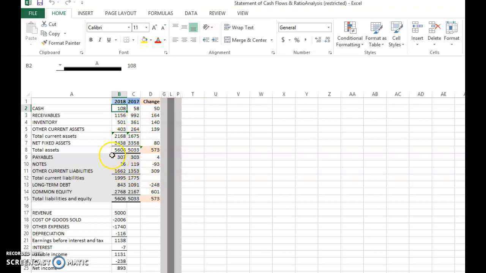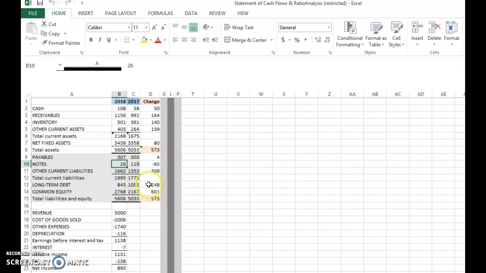If you look at liabilities and equity, payables have increased by a small amount, $4 million, but notes payable had a drop of $93 million. In 2017 it was $119 million, but in 2018 it has gone down to 26 million.